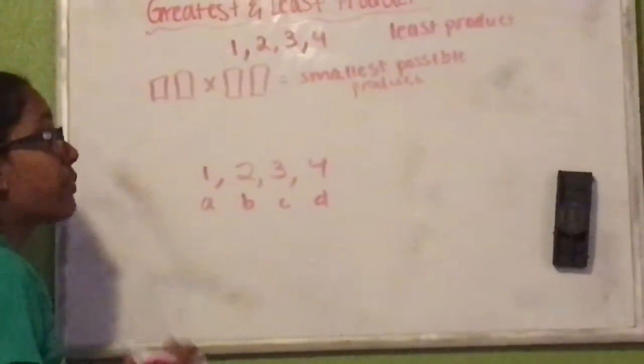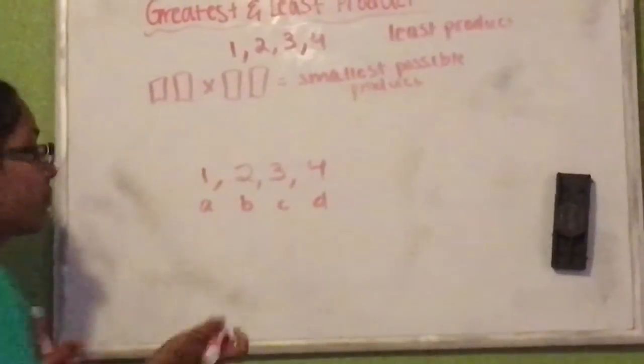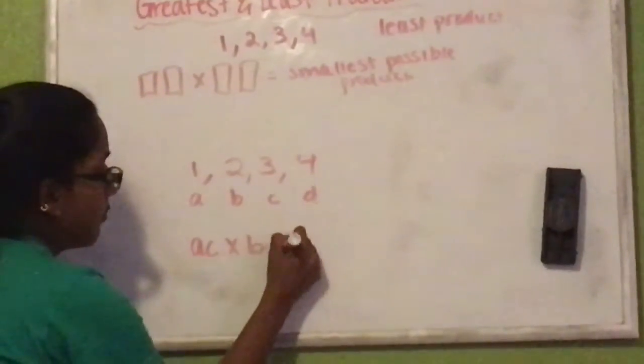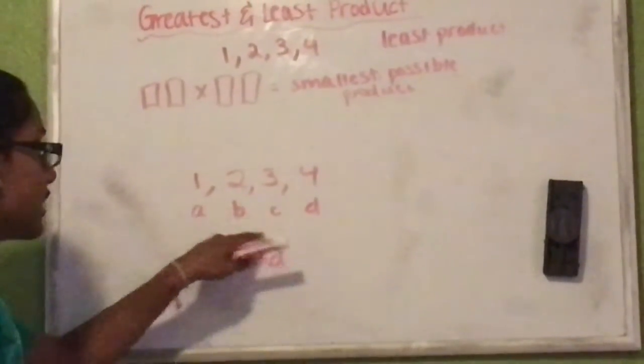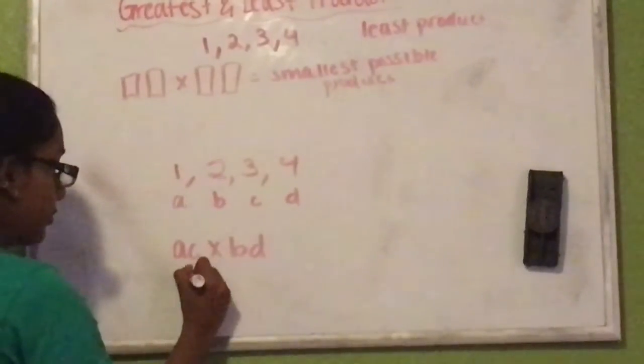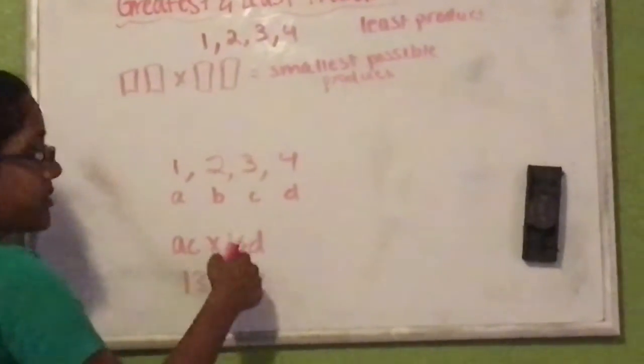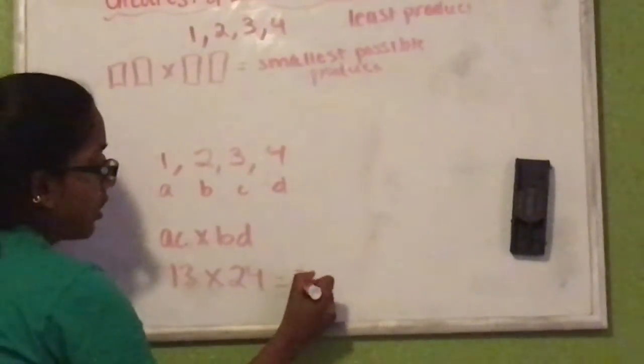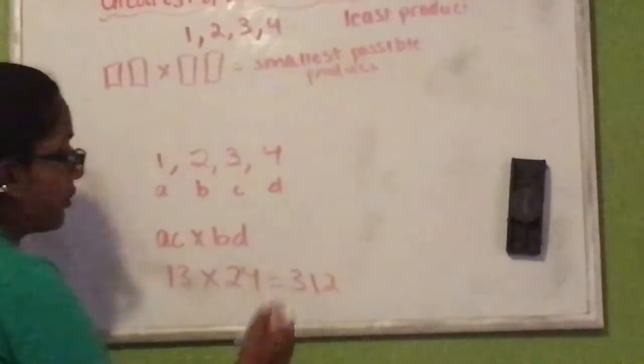Now, to get the least product, the formula is AC times BD. AC means 13, right, times BD, which is 24. And as we saw earlier, that gives us the product of 312.